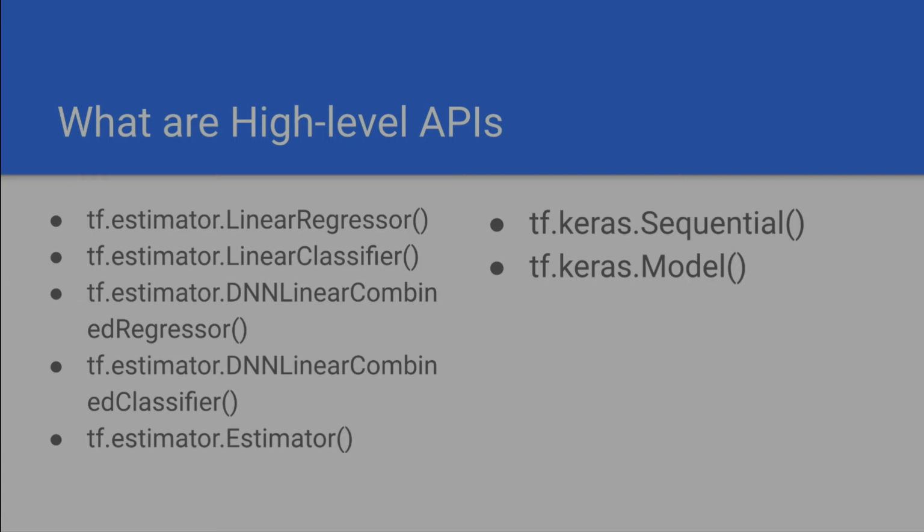The estimators give you what are called pre-canned estimators, and some of these are things like linear regressor, linear classifier, and combined regressors and classifiers. And there's also just an estimator class that you can extend to do all sorts of complicated things. You might want to use it to do k-nearest neighbor regression, for instance, or some sort of clustering algorithm.